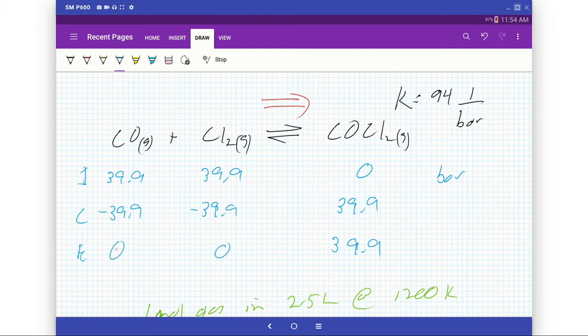And now we are on the side favored by the equilibrium constant. It's as far as we possibly can go to products. So now that we're on the side favored by the equilibrium constant, now we can go through and add x to set up and solve this problem.